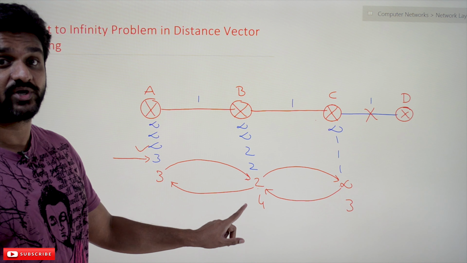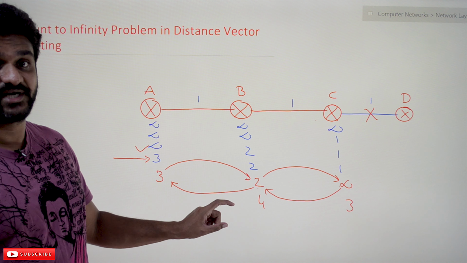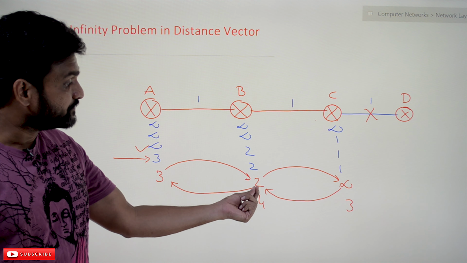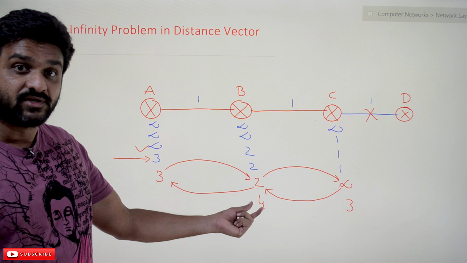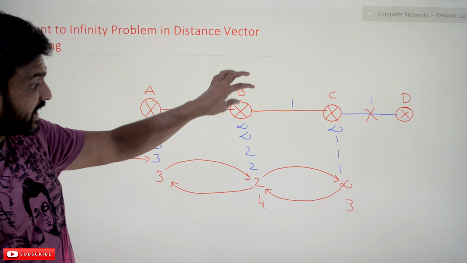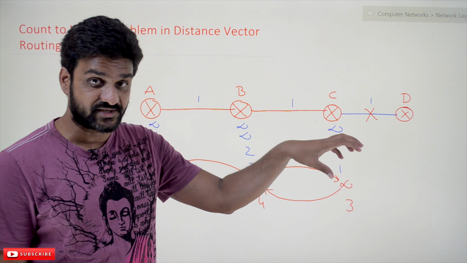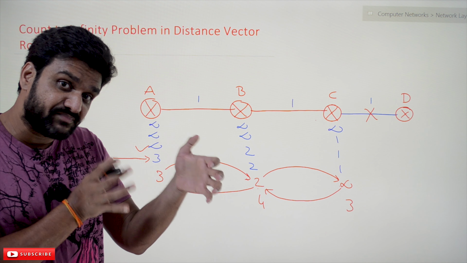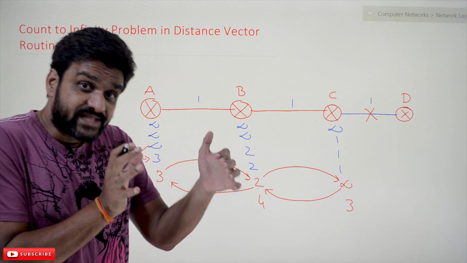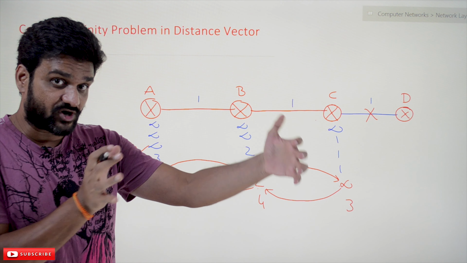This point is very important to understand. Please try to understand that point. Because this value is smaller, why are we updating it to 4? Because B has to believe in its neighbors. Based upon the neighbor values, whatever minimum value we get will be considered. We have seen that formula also.